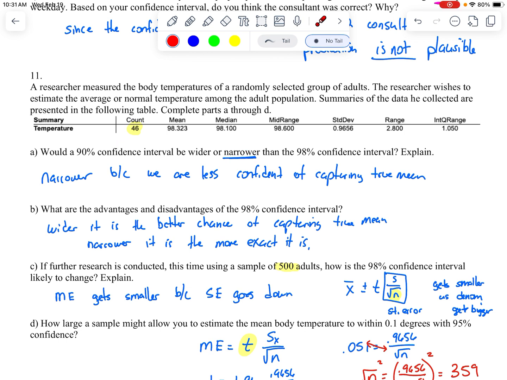Because we're less confident at capturing the true mean, that makes my confidence interval narrower. Okay? What are advantages and disadvantages to the 98? The wider, the better chance. With 98, the wider it is, the better chance I have of capturing the true mean. However, a narrower interval is more exact, or more precise.